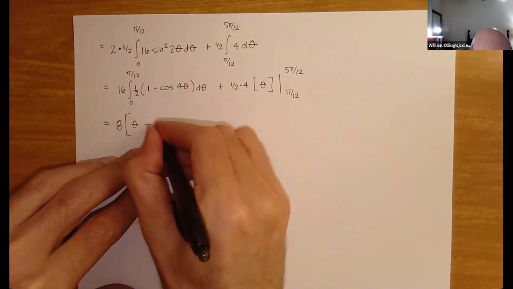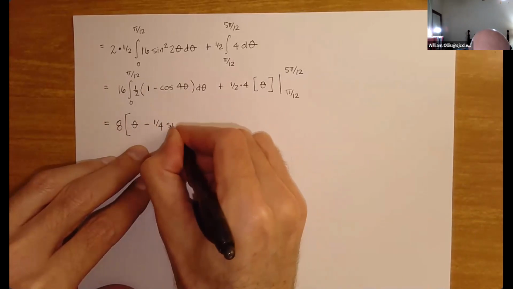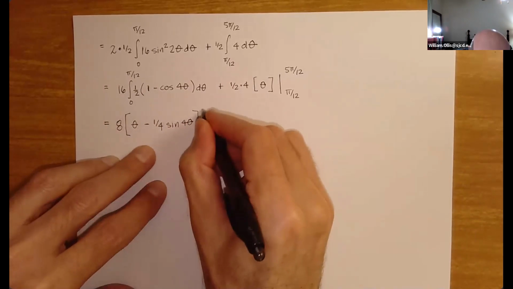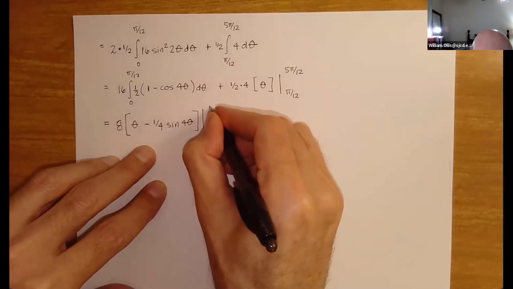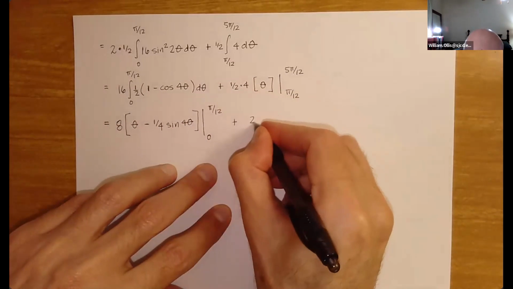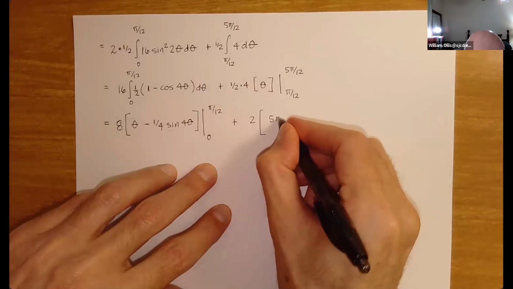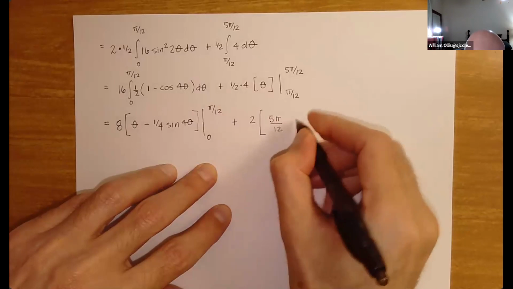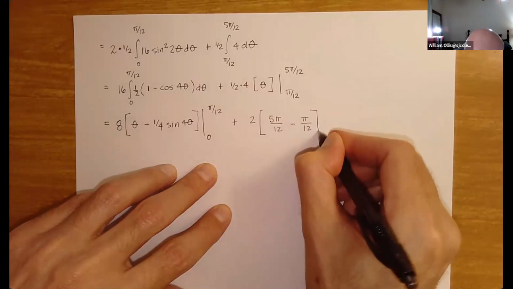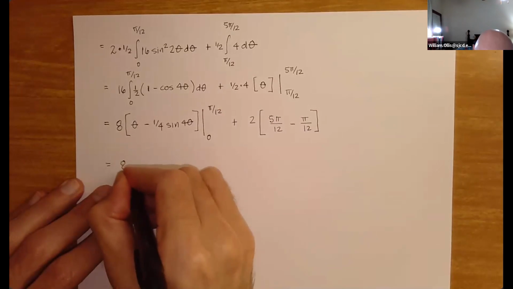So we get minus 1/4 sine 4 theta from 0 to pi over 12, plus 2. And now we have 5 pi over 12 minus pi over 12. So now we have 8.